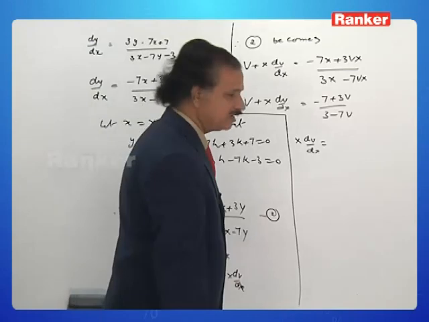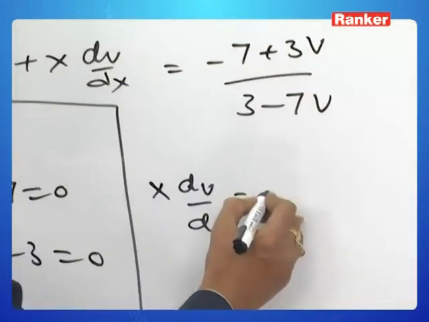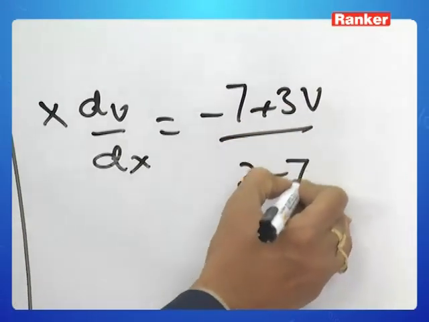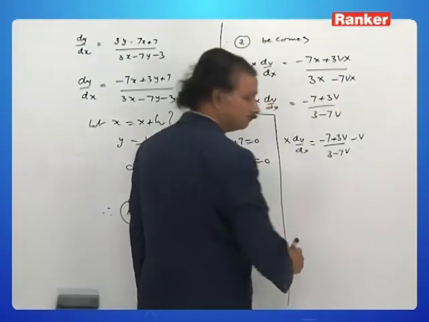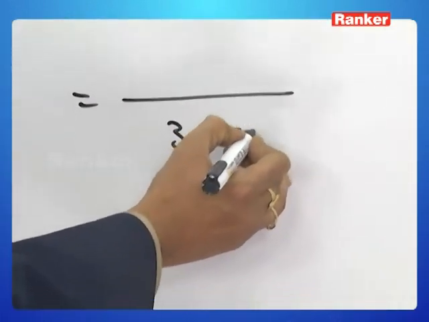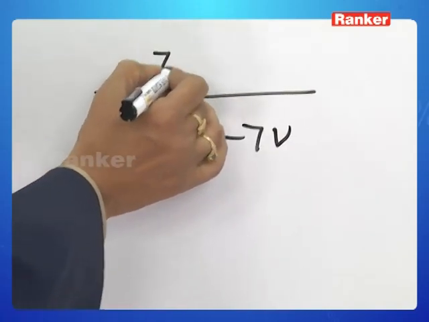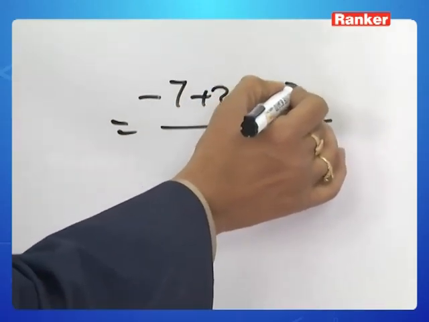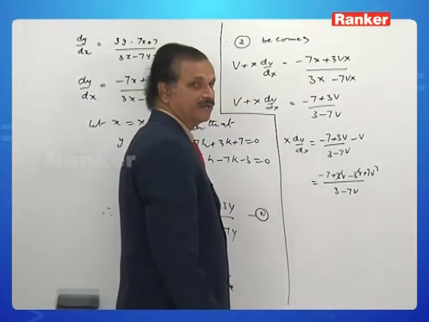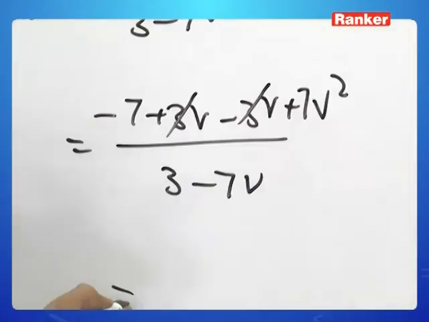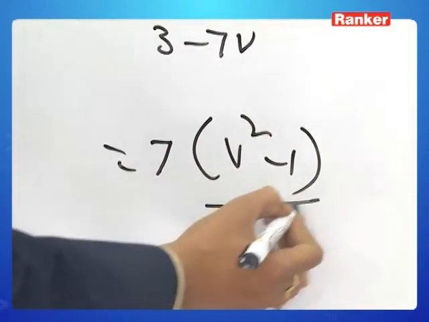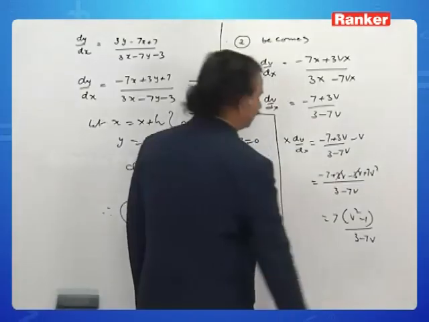At that instant, we are supposed to substitute. Okay, let us proceed. x dv by dx is equal to minus 7 plus 3v by 3 minus 7v, minus v, is equal to minus 7 plus 3v minus 3v plus 7v square. 3v and 3v go away, leaving you 7 into v square minus 1 by 3 minus 7v.